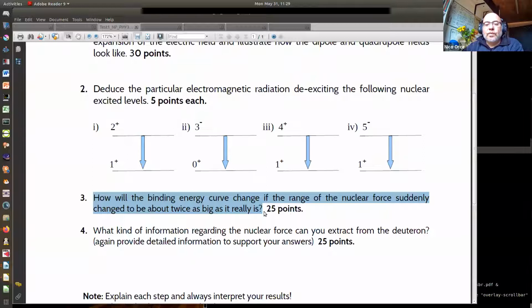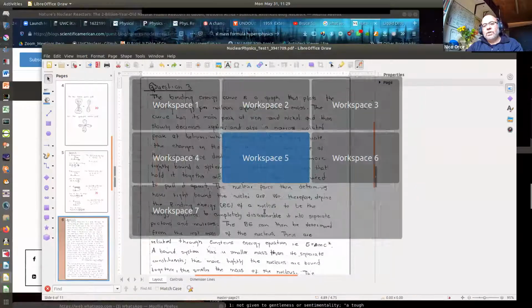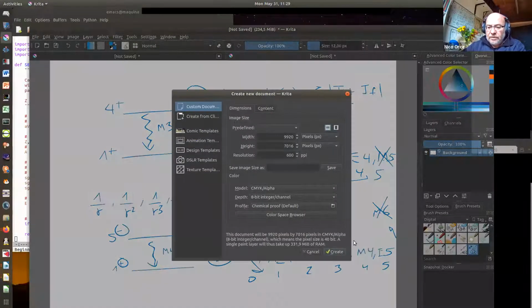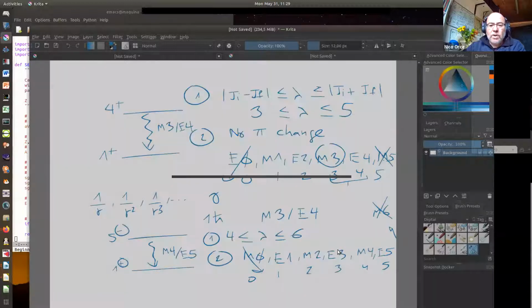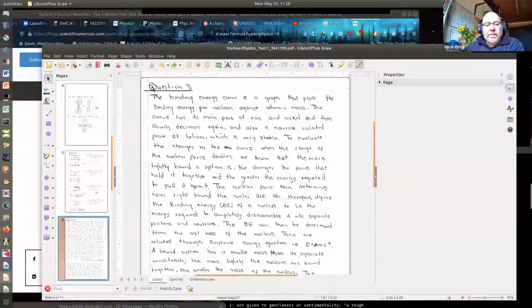There's a lot of hard work involved in explaining these kinds of questions: how will the binding energy curve change if the range of the nuclear force suddenly changes? We have to come up with some kind of logical conclusions. I gave you some points there, but I'm not really happy with the conclusions that we made here.